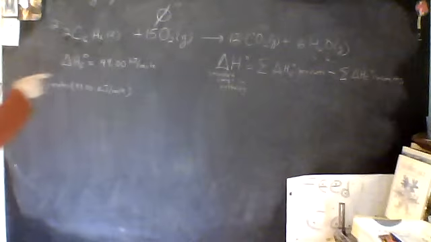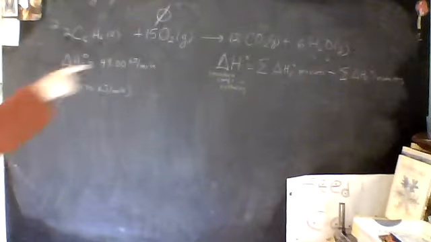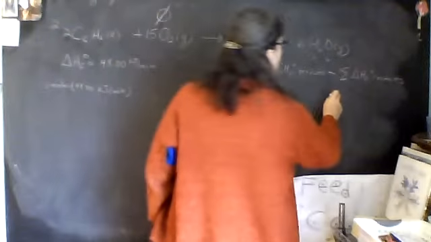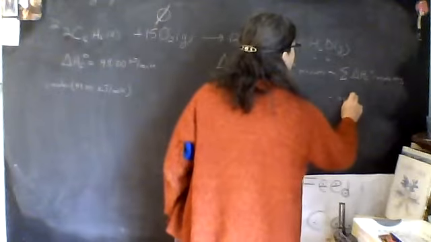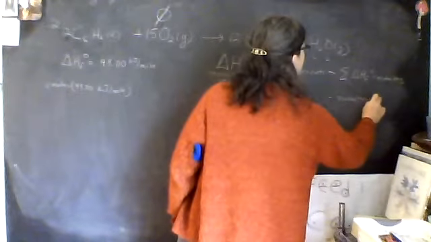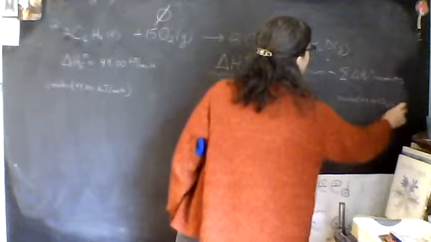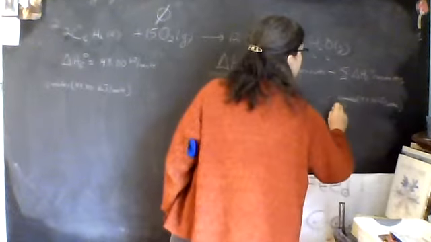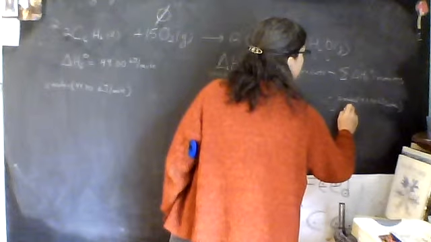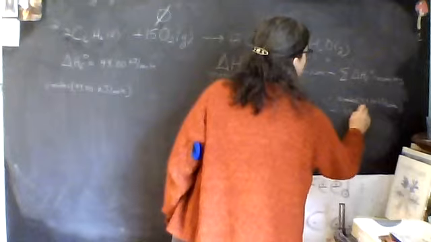So that's what we've got over here for the reactants, of course. So we have 2 moles times 49.00 kilojoules per mole. What's that? 98.00 kilojoules.